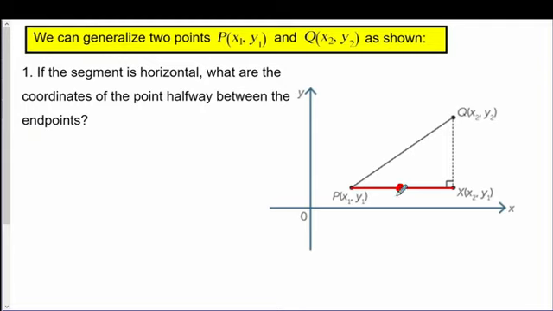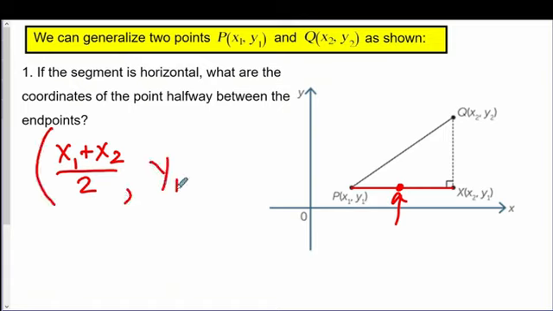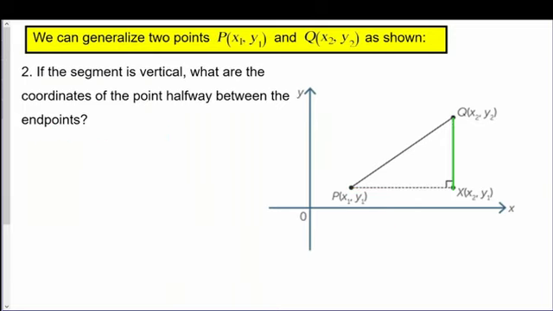So if we're trying to find the coordinates of this point right here, it's going to be x1 plus x2 divided by 2. We would average those x values. And the y value is just going to be the same, y1. Similarly, if we're trying to find the halfway point between P and Q vertically, the x value is not going to change.